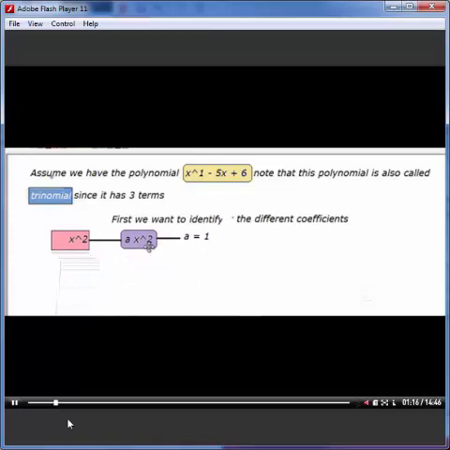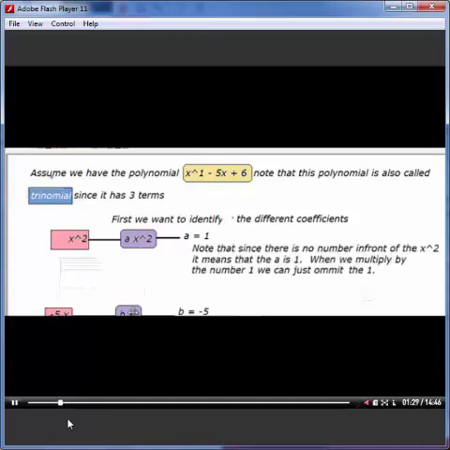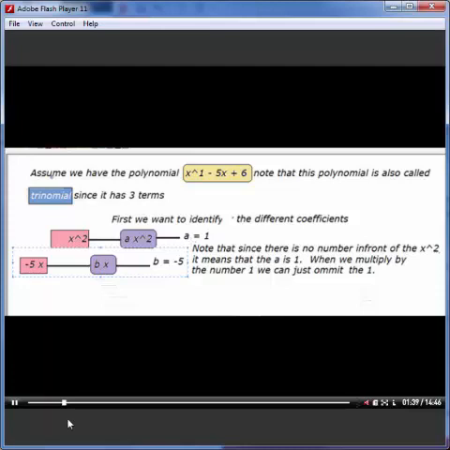As you can see right here, the way to identify a, b, c is to look at the trinomial and take it to the decreasing order of the powers. So what we have is x squared, the coefficient of that is 1, the b is going to be -5, and the c is the constant, equal to 6.